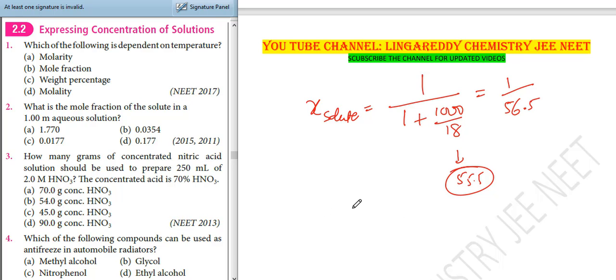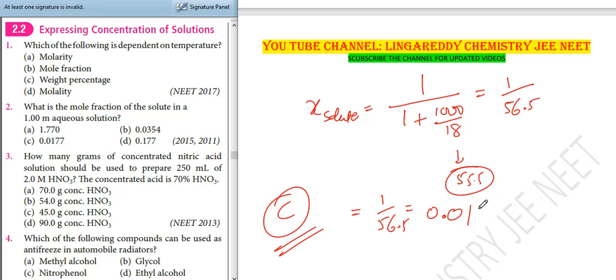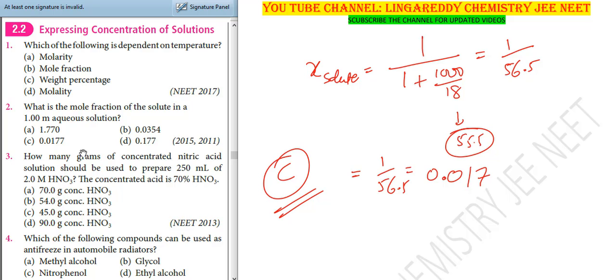So now our answer will be 1 by 56.5, that means approximately we will get 0.01. You can see the option will be C, 0.01. Only one option is there, 0.01.